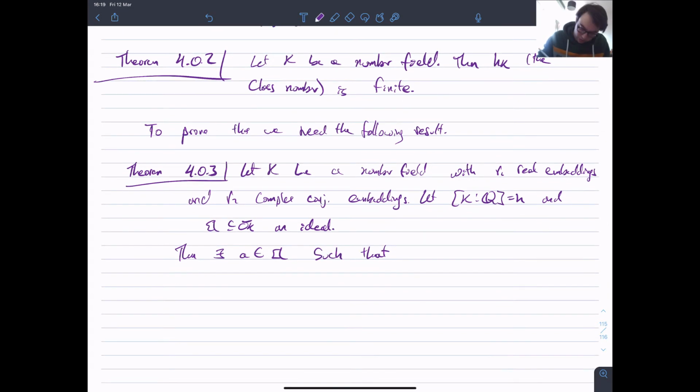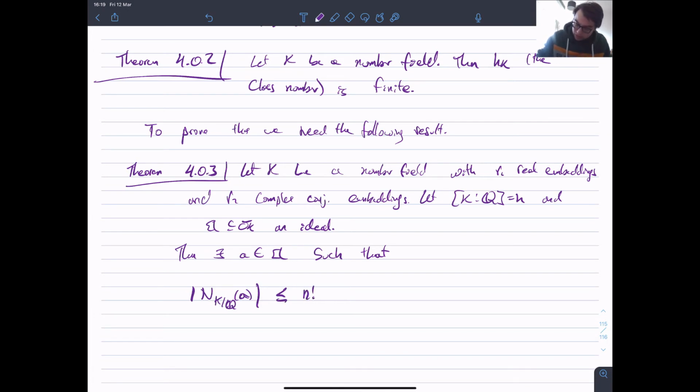the following holds. This is going to look a very strange result: the size of the norm of this element, from K to Q of little a, the size of this element is less than or equal to the following weird quantity. This weird quantity is called the Minkowski bound.